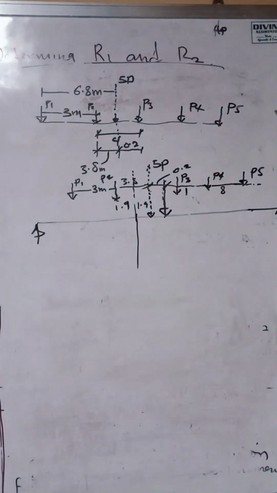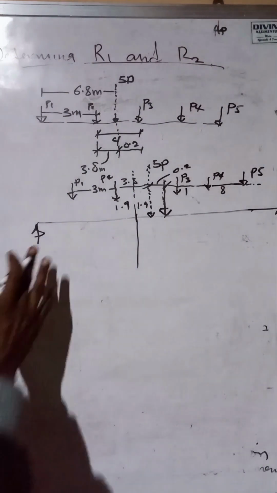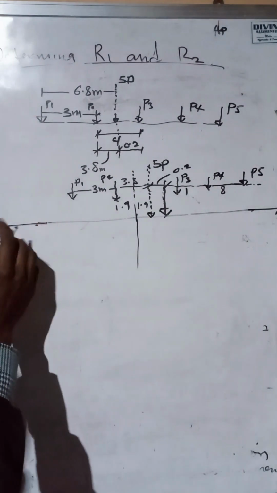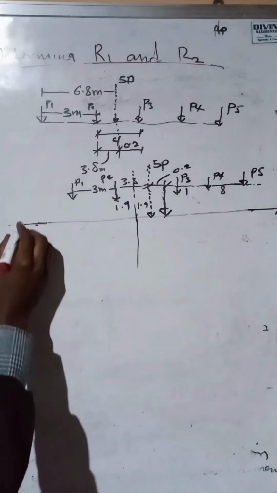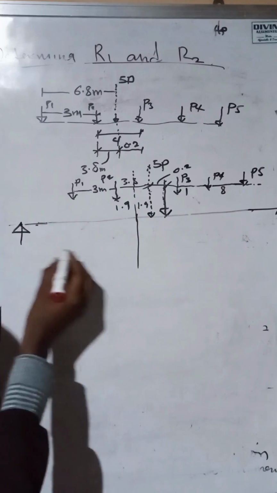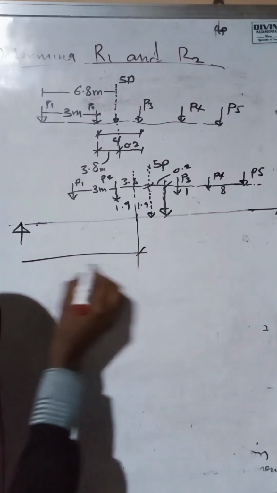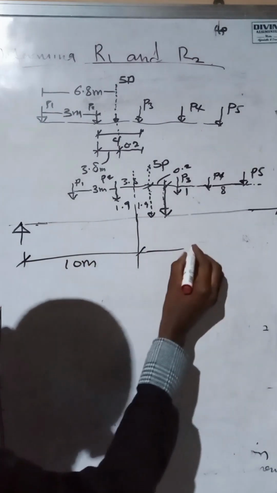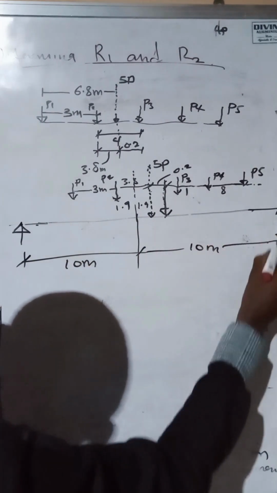Now let's assume that our beam has a span of 20 meters. If our beam is on a span of 20 meters, we know that the middle of that beam will become 10 meters on either side.